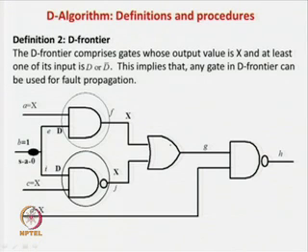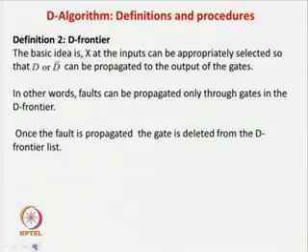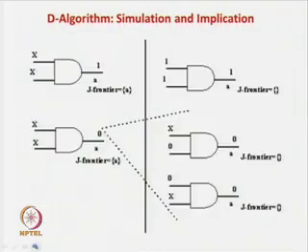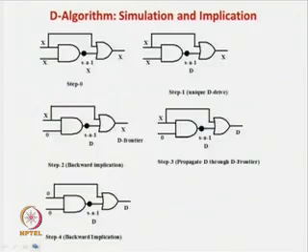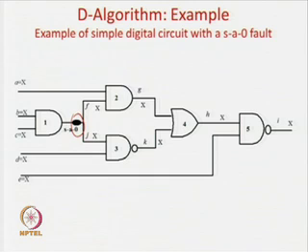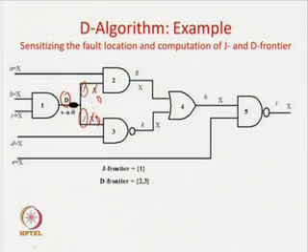The D frontier comprises gates whose output is X and at least one of whose inputs is D or D prime. So by this definition of D frontier, the output is X and one of its inputs is D. Obviously, these two gates will be part of the D frontier. So we write that 2 and 3 are in the D frontier.